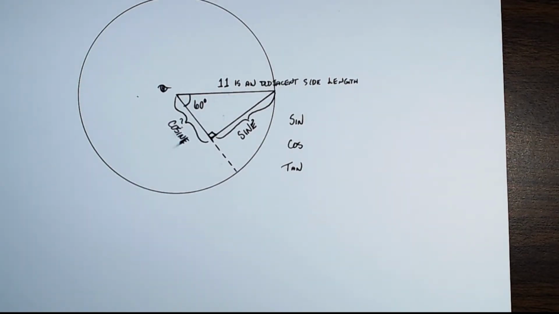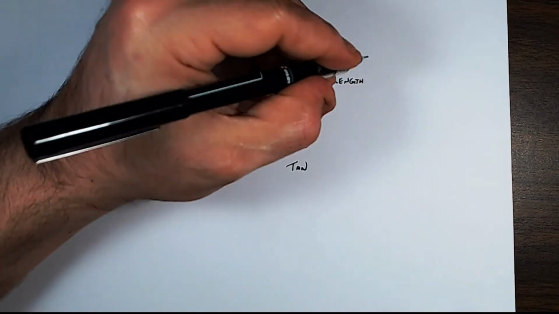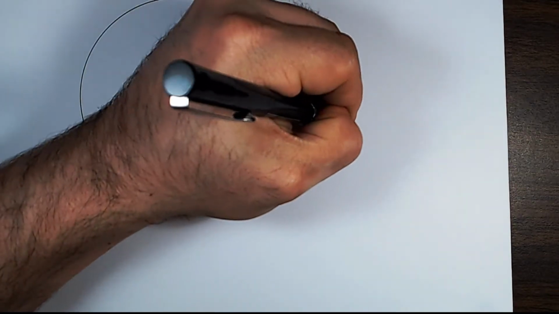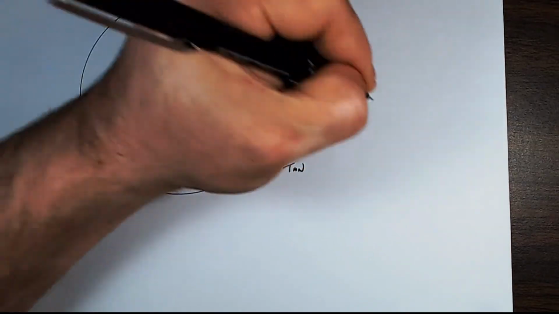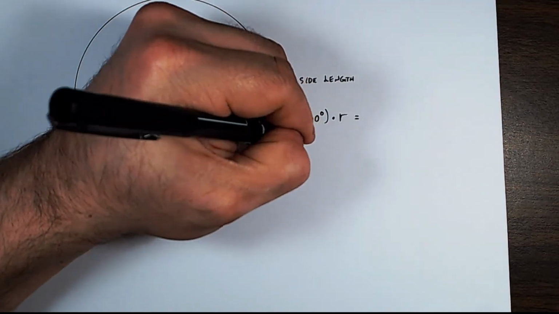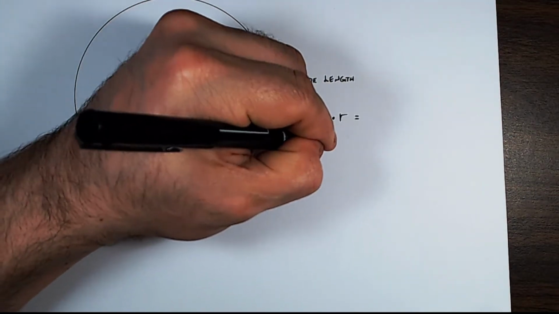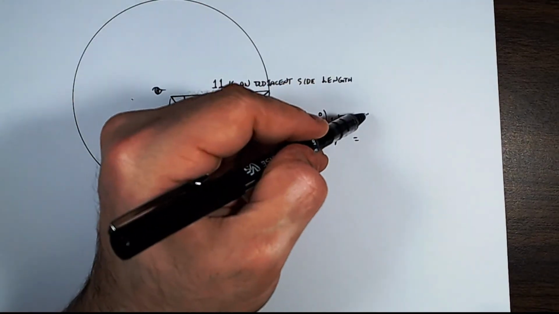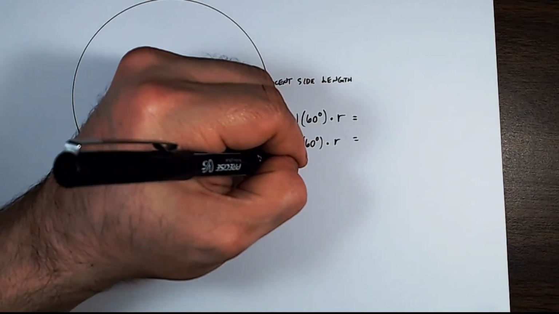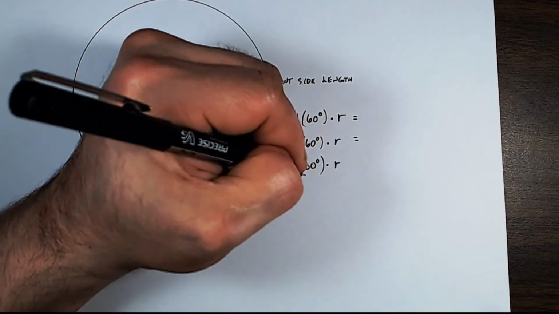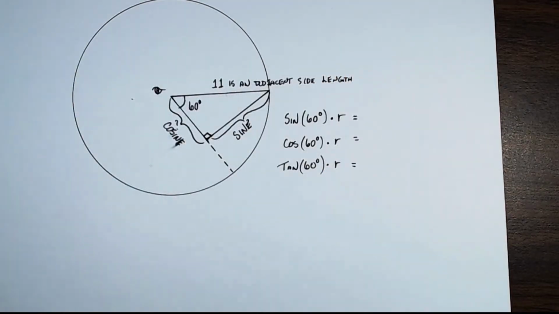The sine of 60 degrees multiplied by a radius equals something. The cosine of 60 degrees multiplied by a radius equals something. It's going to give us the length, right? Now the tangent of 60 degrees multiplied by the radius equals something. What does it equal?